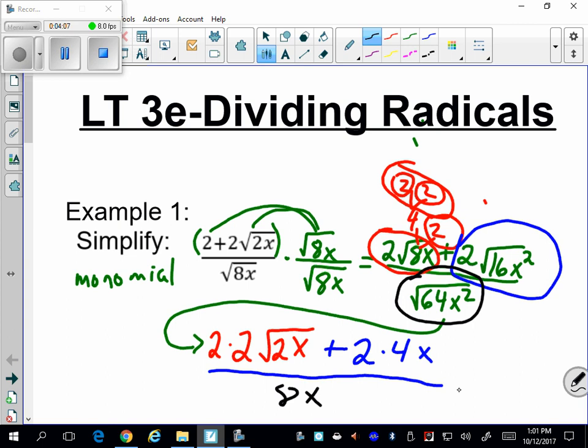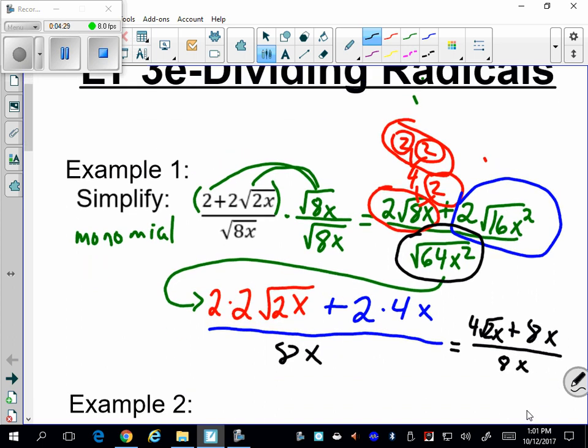Let's look to simplify this down a little bit more. We have 4 square root of 2x plus 8x over 8x. And this would be the final answer, but we do have something going on here.